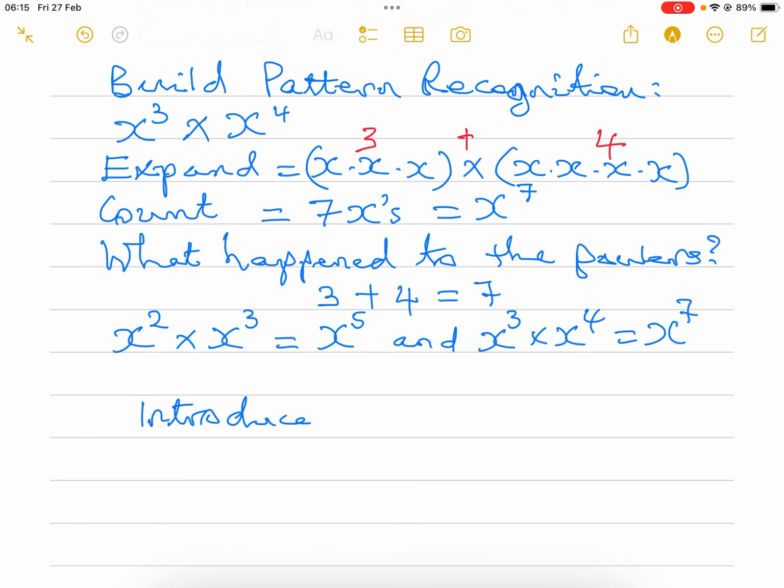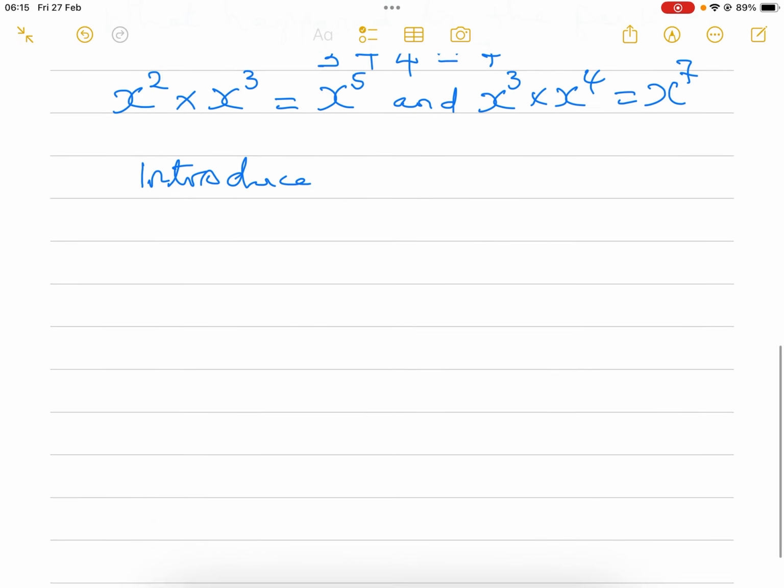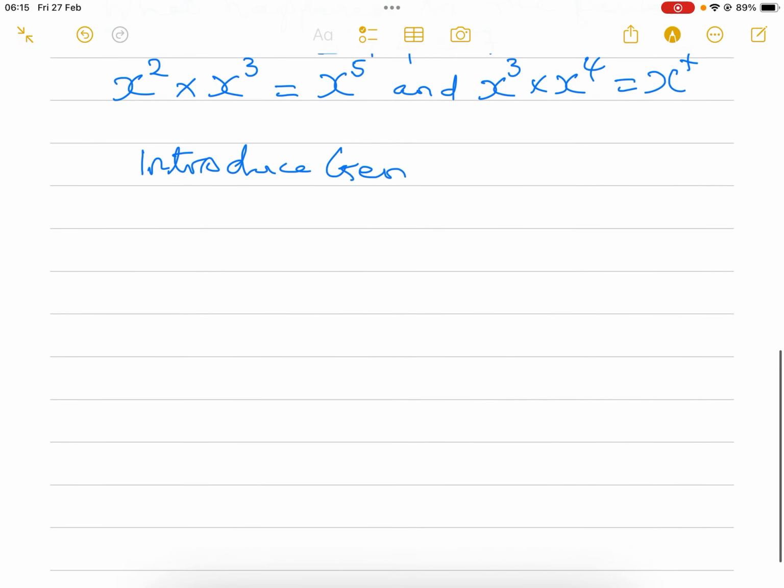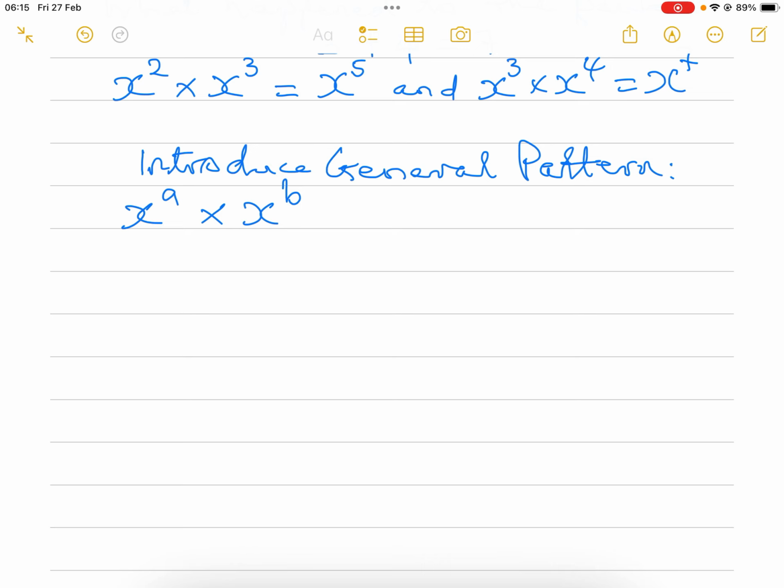Let's introduce the general pattern. x raised to power a multiplied by x raised to power b. That's the general pattern.